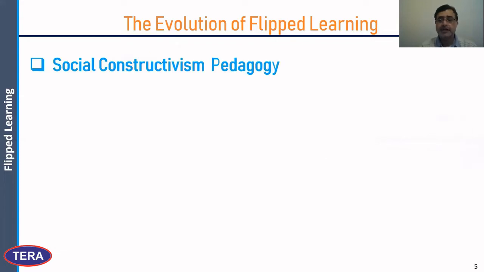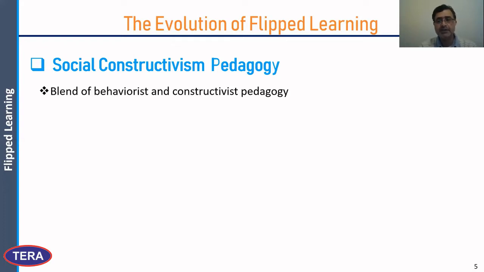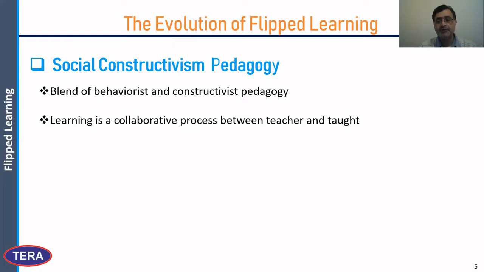Following this, there is another pedagogy called social constructivism pedagogy. In simple terms, this pedagogy can be considered a blend of behaviorist and constructivist pedagogy. Social constructivism is a social learning theory which posits that individuals are active participants in the creation of their own knowledge.